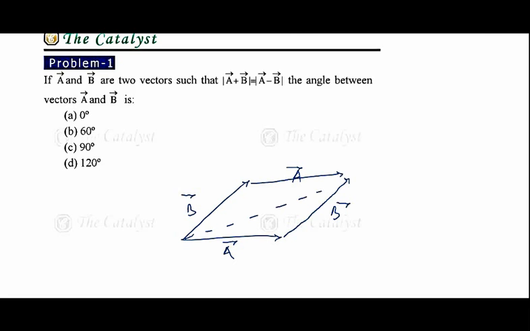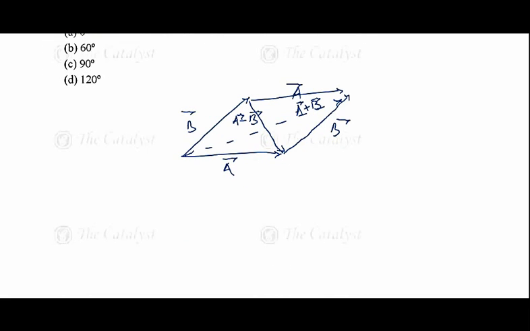Then this is the A plus B vector, right? And this is the A minus B vector, right? Now if the magnitudes of these two lines, these two diagonals of the parallelogram, are equal, then if we apply simple logic, we will come to know that A and B should be perpendicular, right?